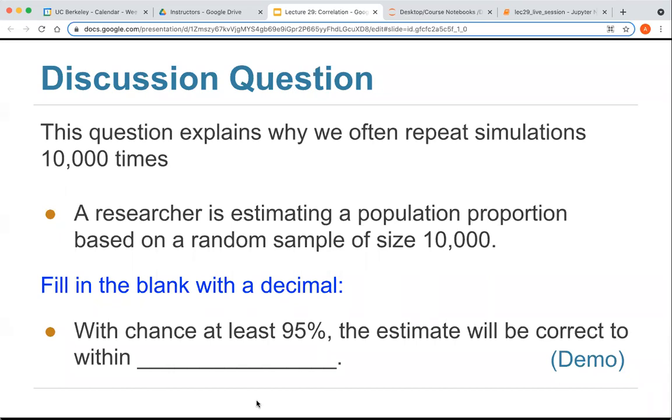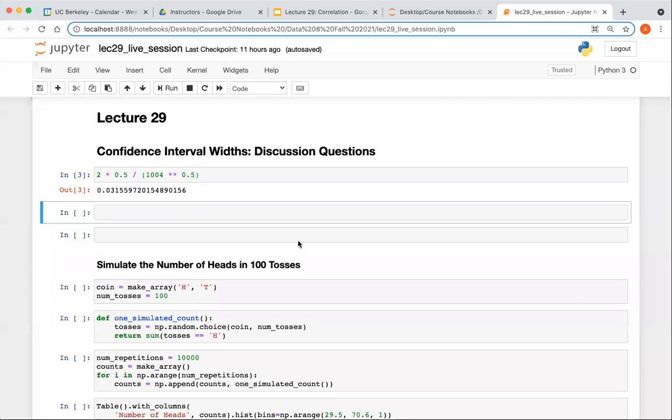Here, it is, as a number of people have said before, the margin of error, right? That margin of error captures 95% of the estimates. And so can we calculate a margin of error? I think we can. We just did this. So in this case, we will have 2. We're still estimating a proportion. The worst case SD is 0.5.